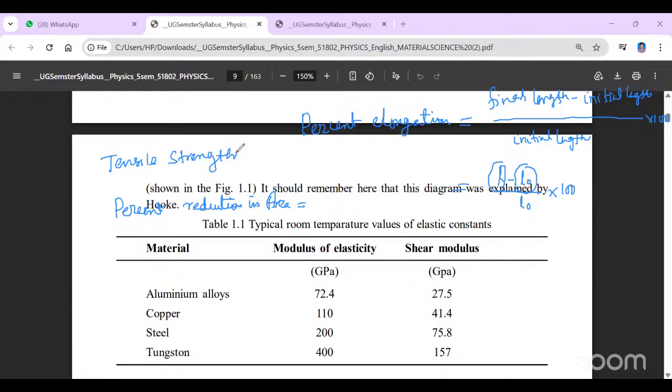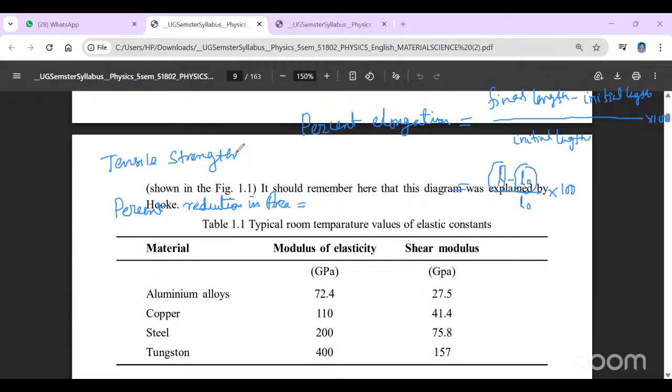This is the difference between the initial area and final area: initial area minus final area by initial area.